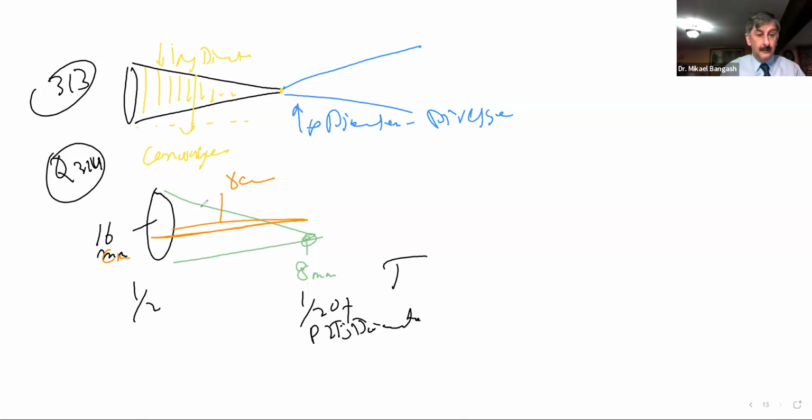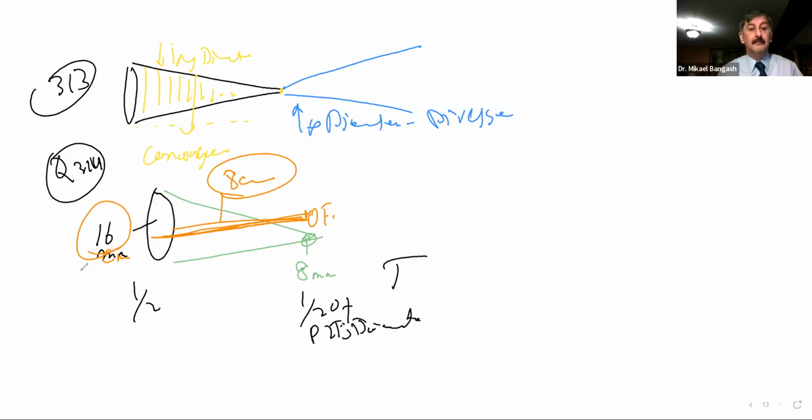They're talking about this depth here. If this depth here is 8 centimeters, before the beam reaches its narrowest point, the focal point, is that because your PCT was 16 millimeters?